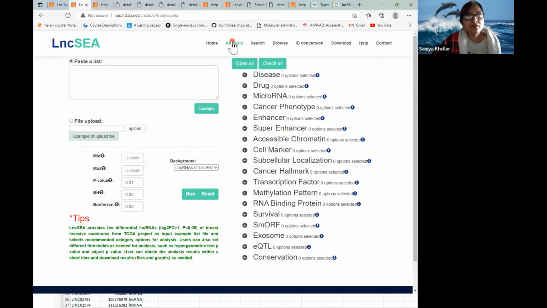Now, a key thing that we always like to do is, if we have a list of lncRNAs, like we have 74 lncRNAs out here, we might want to do some enrichment analysis of those as well. We might want to see what those are involved with.